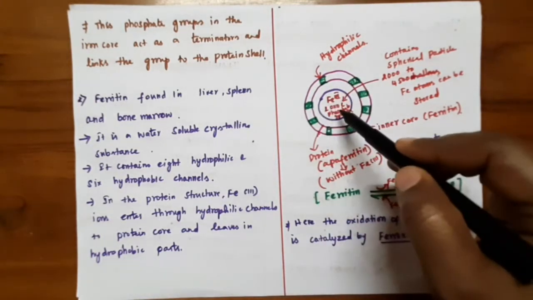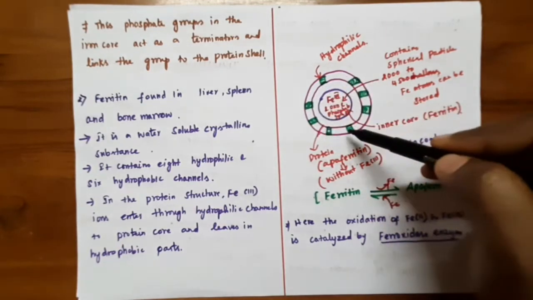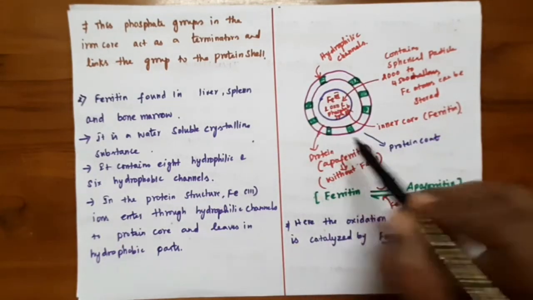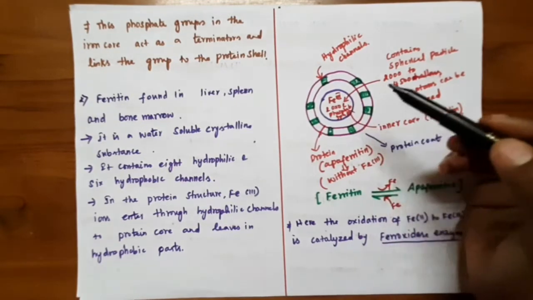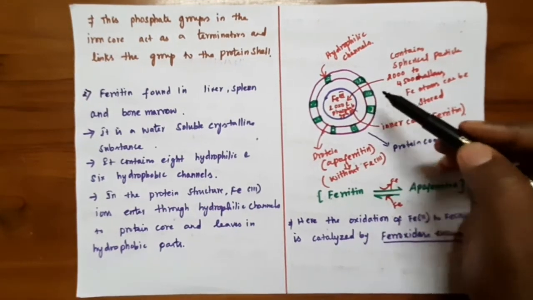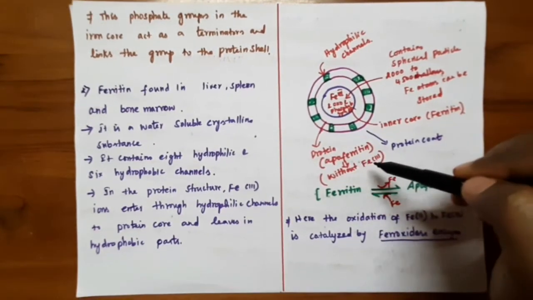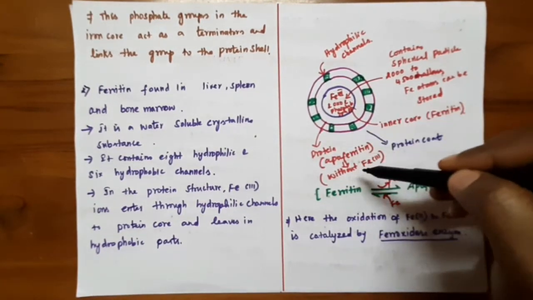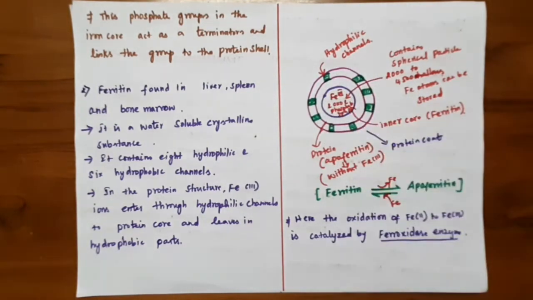The outer part of this ferritin is called apoprotein, which is without iron 3+. The inner core contains Fe3+, so the Fe3+ part is called ferritin. Without Fe3+ the part is called apoferritin. Apoferritin means the protein part which is without Fe3+, and it is present on the outer side of the core.